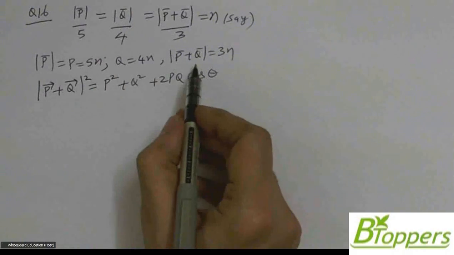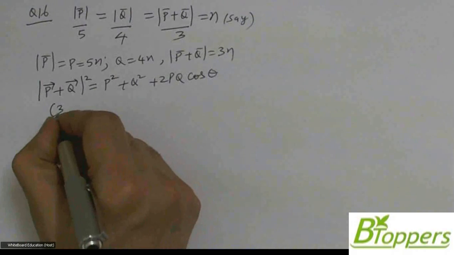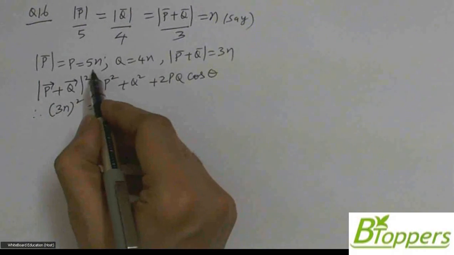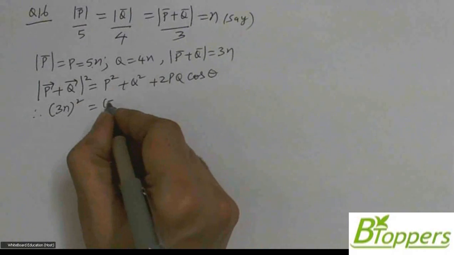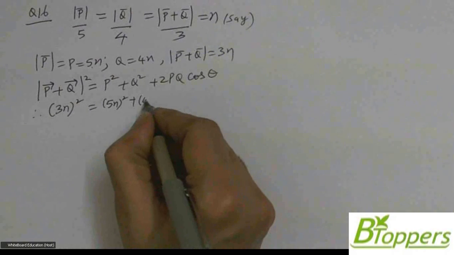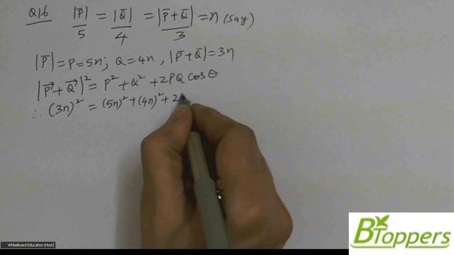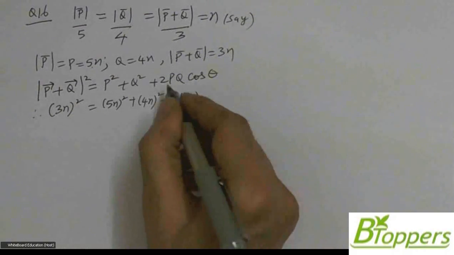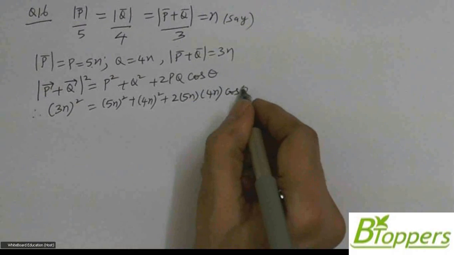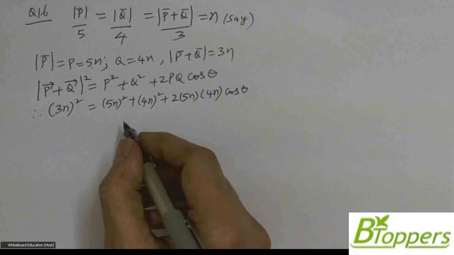So on the left hand side, you can substitute magnitude of the resultant of p bar and q bar equal to 3n. On the right hand side, you can substitute p equal to 5n and q equal to 4n. Here also again you can substitute p equal to 5n and q equal to 4n. So this you can try to simplify further.